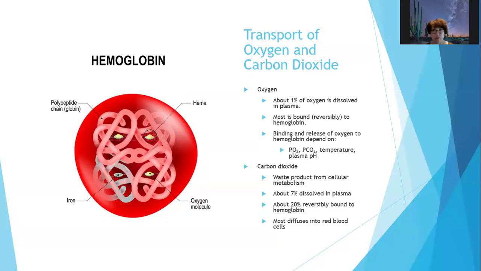Carbon dioxide is the waste from our cellular metabolism, and about 7% of it is dissolved in plasma, and about 20% of it is reversibly bound to hemoglobin. Most of it diffuses into red blood cells rather than being bound to hemoglobin. Some of it is floating around in the plasma, some diffused into red blood cells, and some is reversibly bound to hemoglobin, where it can travel back to the alveoli to get out of the body.